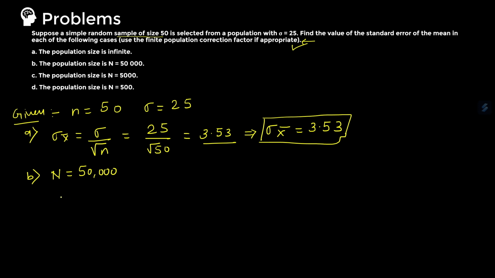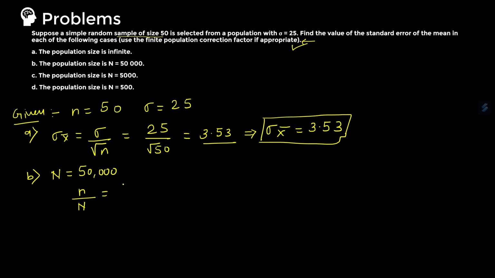As I told you previously, in order to check whether our population is infinite or finite, we use this population correction factor, which is determined by dividing the sample size by population size.